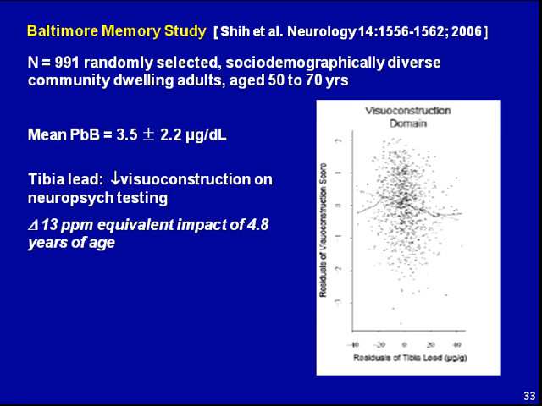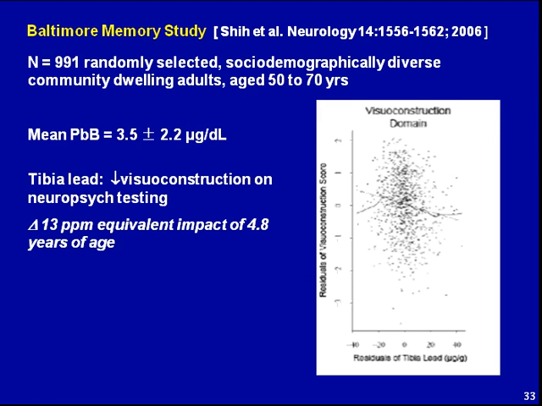Another study, which looked at the relationship between cumulative lead exposure and cognitive function, was the Baltimore Memory Study. This was a study of 991 randomly selected, sociodemographically diverse individuals who were recruited from various communities in the Baltimore area. They were between 50 to 70 years of age. Their mean blood lead concentration was relatively low, as might be expected for the general population, 3.5 plus or minus 2.2 micrograms per deciliter.